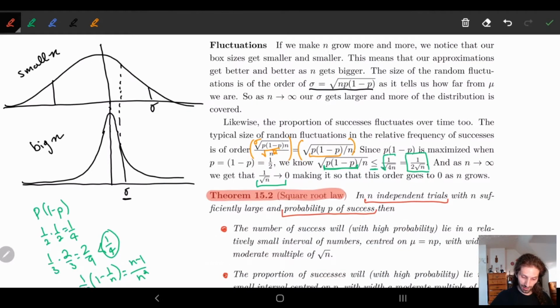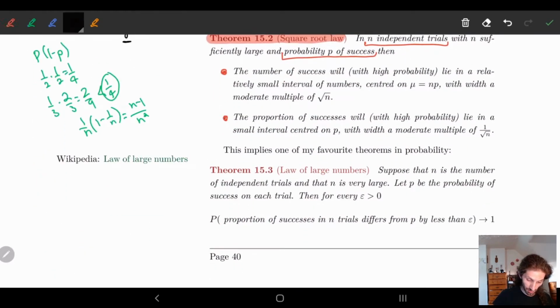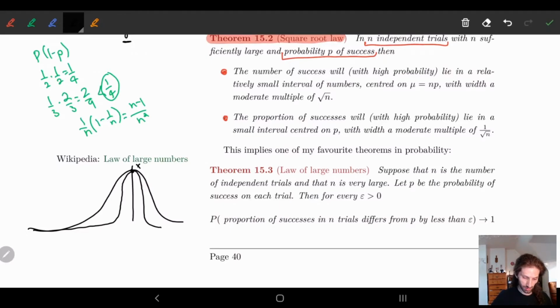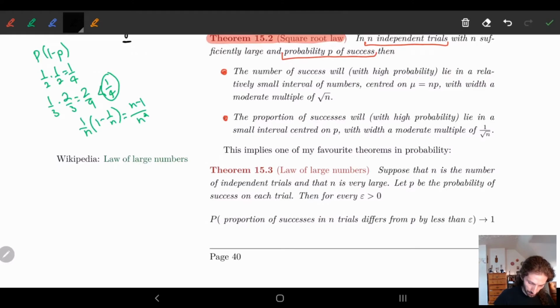If you look at the values themselves, say I have something small.